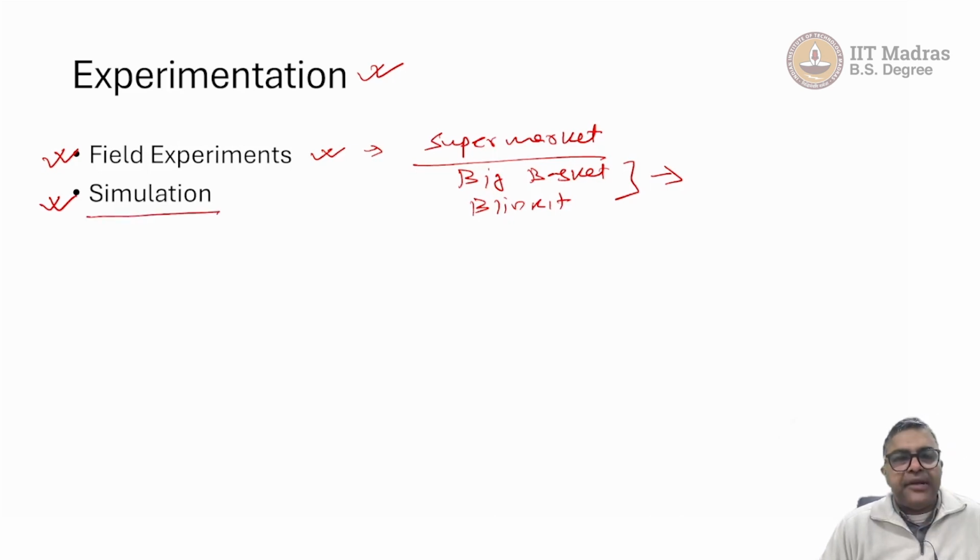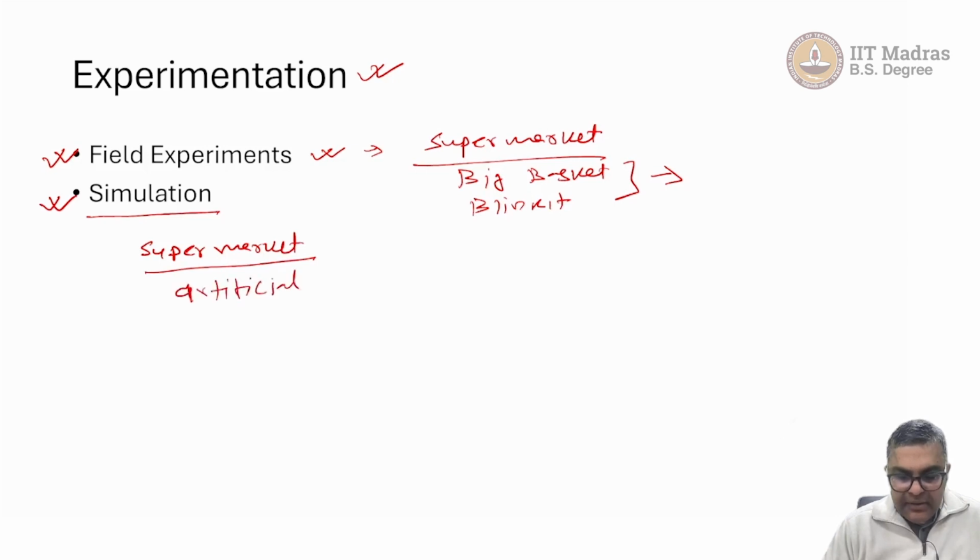Another technique can be the simulation. You can simulate a supermarket kind of situation where these products can be theoretically kept, and then you give potential customers some artificial money and they are told to buy different items from the supermarket.